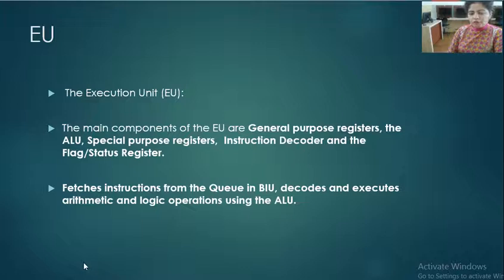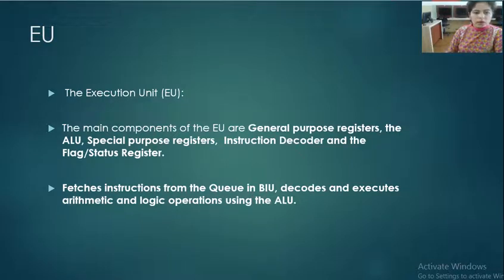It means after that it performs calculation. So in case of 8086, EU doesn't have to fetch the instruction from the input output devices or from the memory because BIU has already done that task. So EU only has to fetch the instructions from the instruction queue, decode them and execute them.